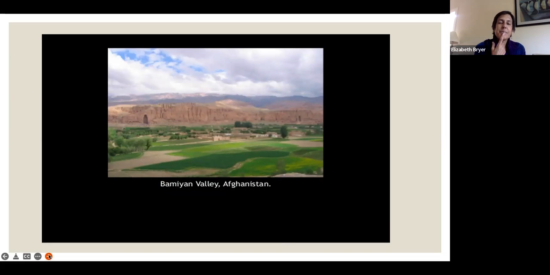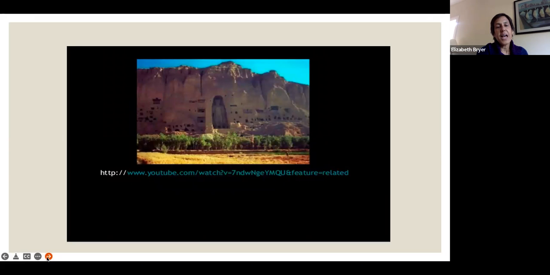I also wanted to mention a significant and pretty tragic moment in Buddhist art. We had talked about how Buddhist art spread so widely, and there were some really beautiful Buddhas in Afghanistan. Here you can see what they looked like.